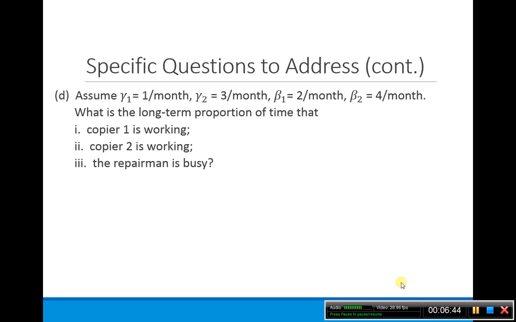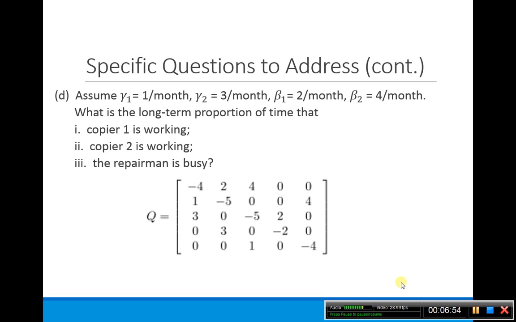The repairman can fix copier 1 twice per month, and can fix copier 2 4 times per month. If we stick those into the Q form that we had before, this is our generator matrix with the specific values. This is what we're going to use to figure out when copier 1 is working, copier 2 is working, and the repairman is busy.